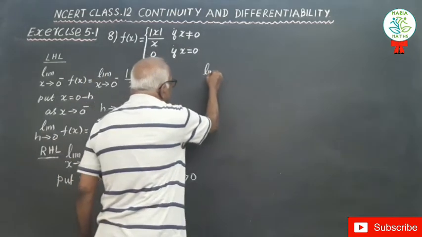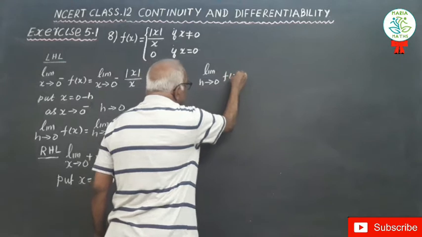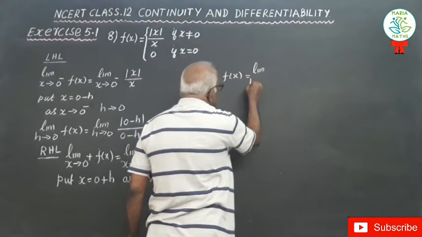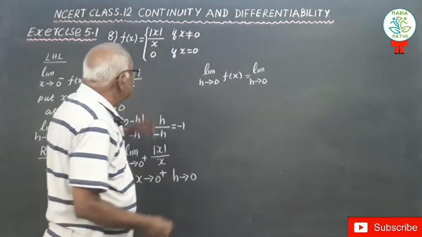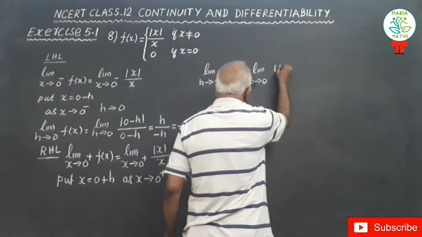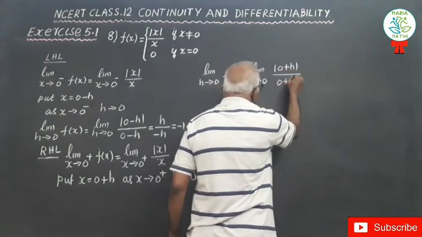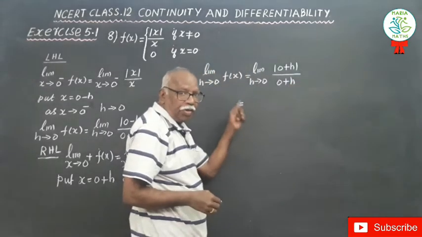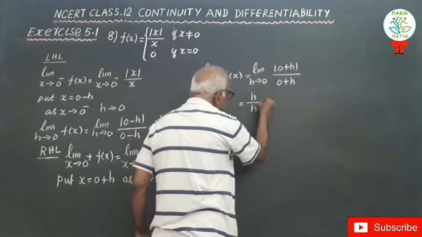Limit x tends to 0, f of x equal to limit h tends to 0, modulus of 0 plus h by 0 plus h is equal to modulus of h by h, h by h is equal to 1.